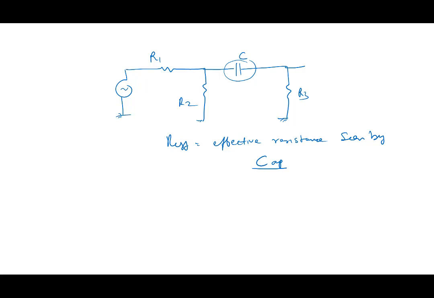What is the effective resistance seen by C? It brings us to the same thing: what is the resistance looking from a particular point?